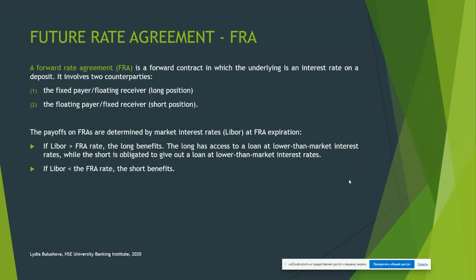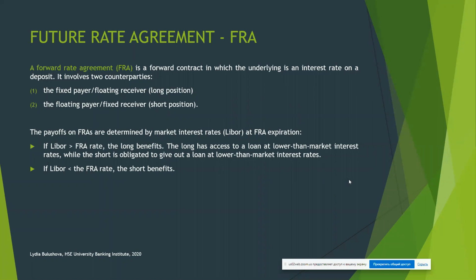Long is the one who pays fixed, receives floating. Why is long the one who pays fixed? Because paying fixed is better than paying floating, it is more predictable and bears less uncertainty. The one who's short pays floating rate, receives fixed rate.